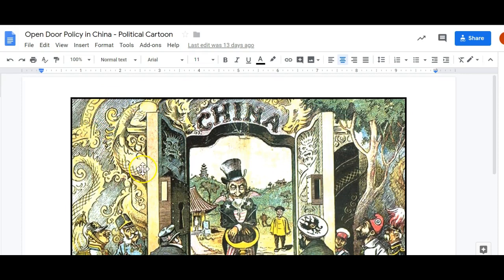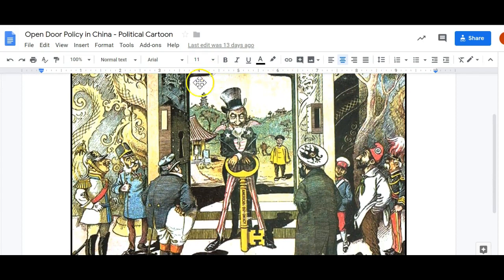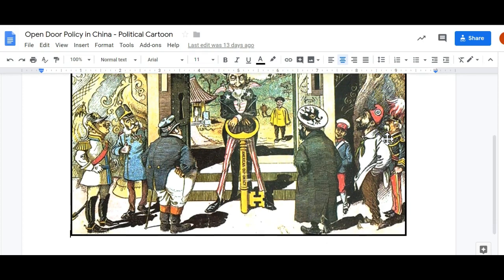You're going to look at the different colors that are used. You're going to look at the text that is written. You'll notice what is in the background of the picture. You'll notice what is in the foreground of the picture. That means this part right here, the most prevalent part.